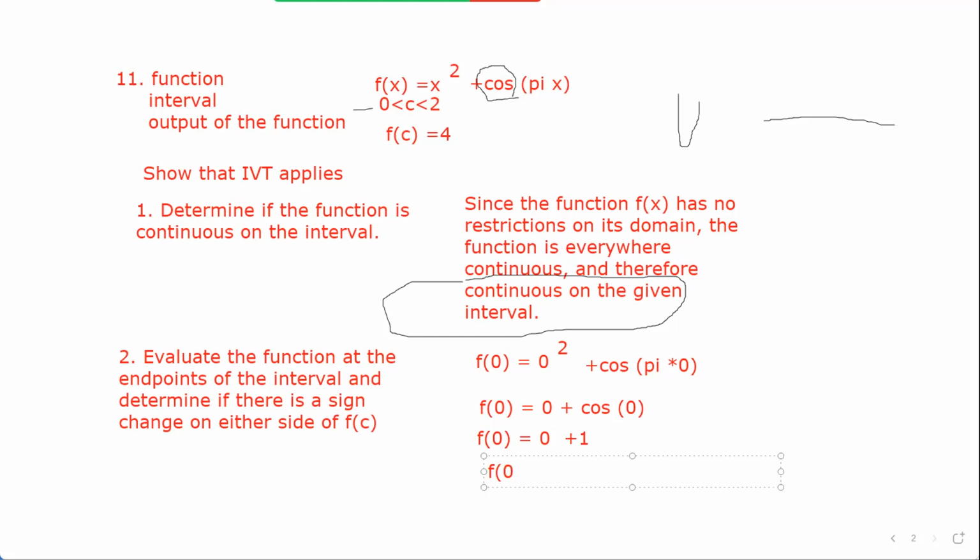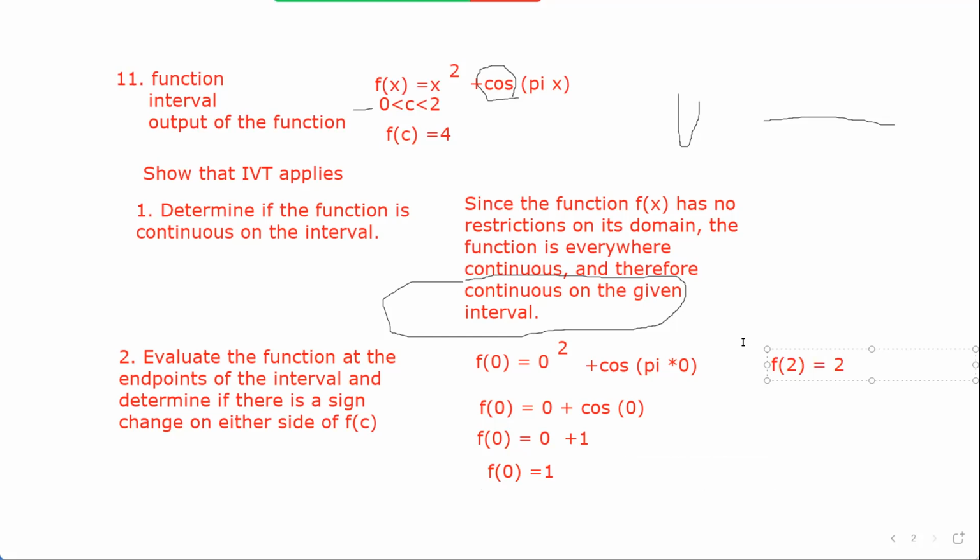Now we're going to evaluate it at 2, right? Okay. So we're going to come over here. We're going to say, well, f of 2 is going to be 2 squared. 4. Yep.